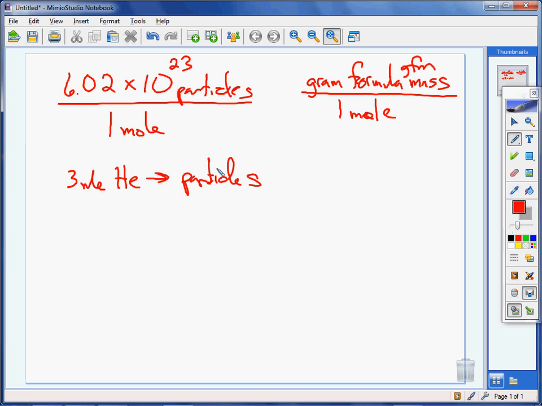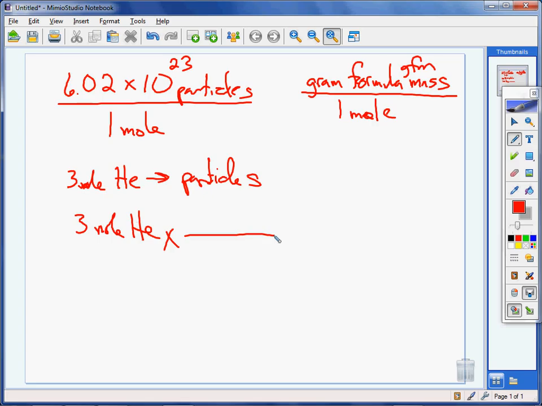Okay, what do we always start off with? What they first give you. Okay, what they first give you. So we're given 3 moles of helium, right? So we put 3 moles of helium times, which one of the two conversions are we going to use?